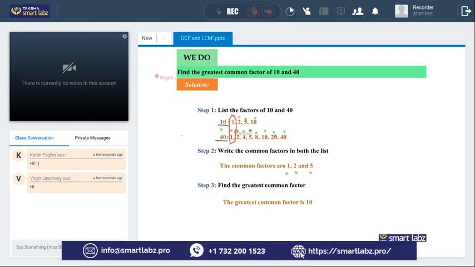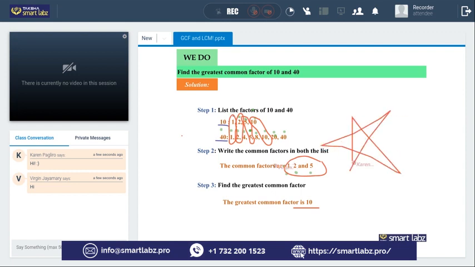We've got the number 1. I see that on this, and you found it. Good job. And then we have 5, but there's 10 too. And so right here, the greatest common factor is 10, even though I don't see it here, you came up with it. So good job. I mean, amazing. Okay. All right.